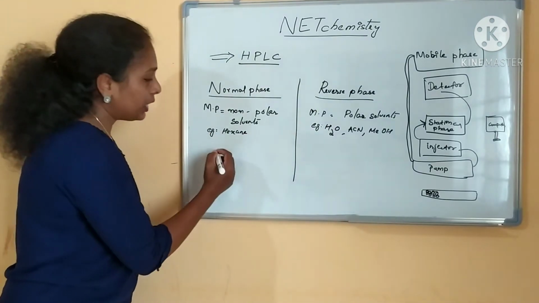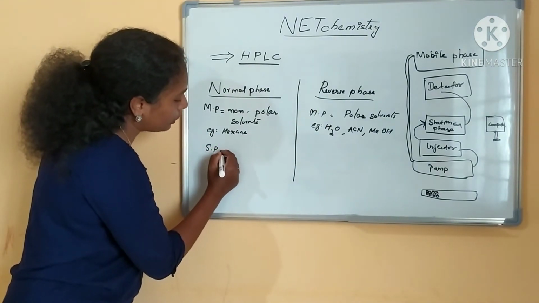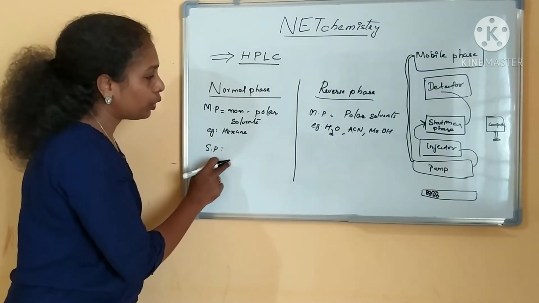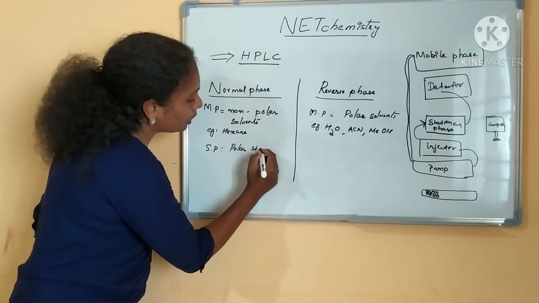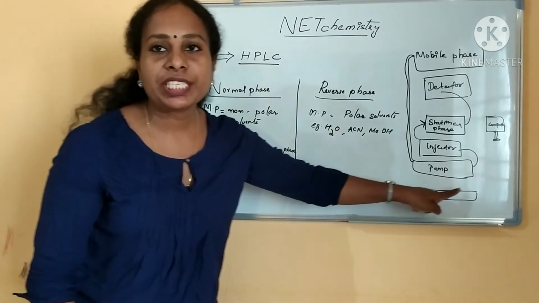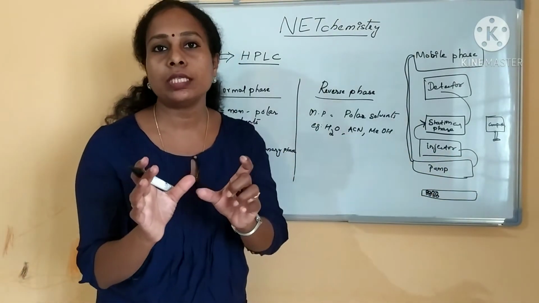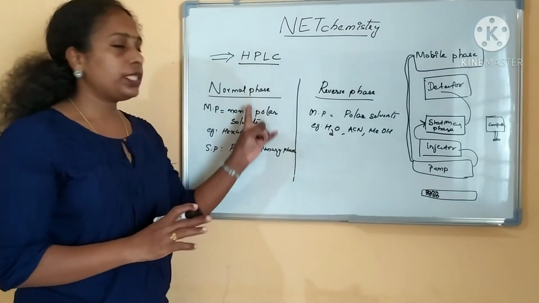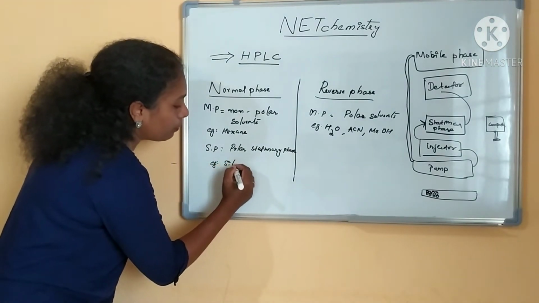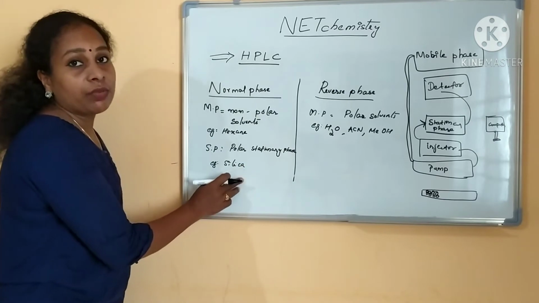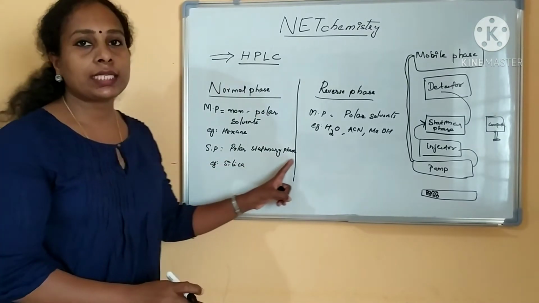Now coming to the stationary phase. What stationary phase do you use in normal phase chromatography? It is a polar stationary phase. The column is packed with polar compounds, for example silica-packed columns. This is a polar stationary phase.